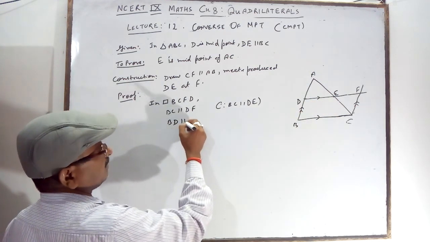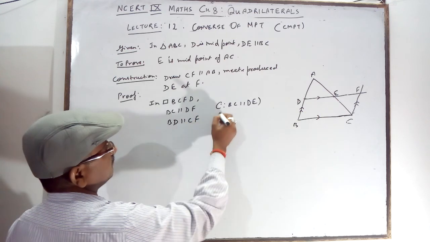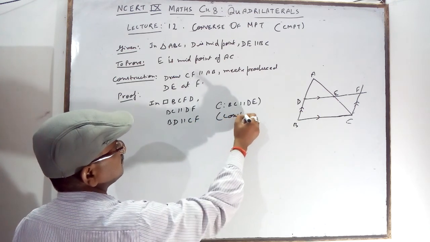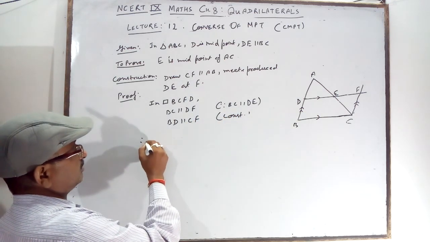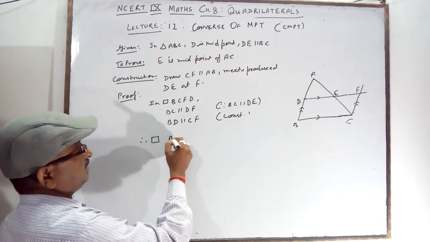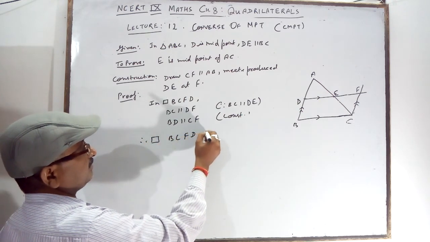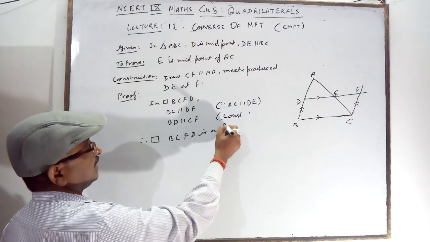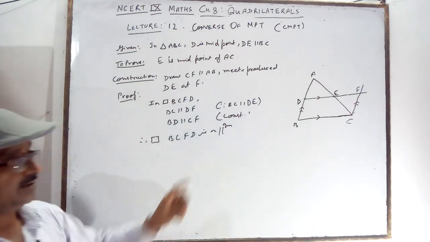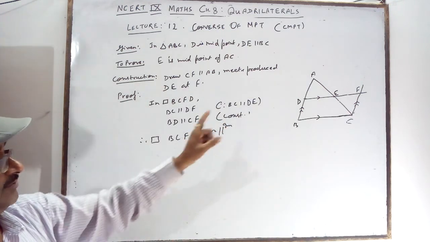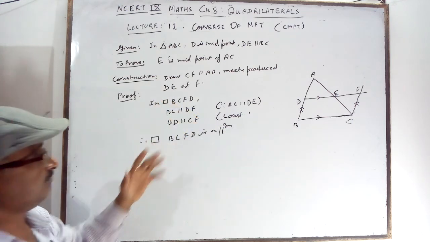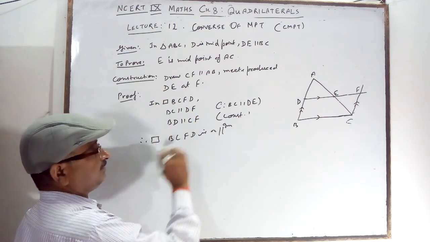BD is parallel to CF by construction. Therefore, quadrilateral BCFD is a parallelogram. Both pairs of opposite sides are parallel. That's why it is a parallelogram.